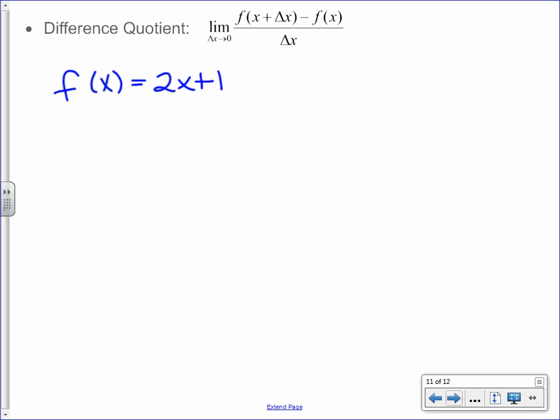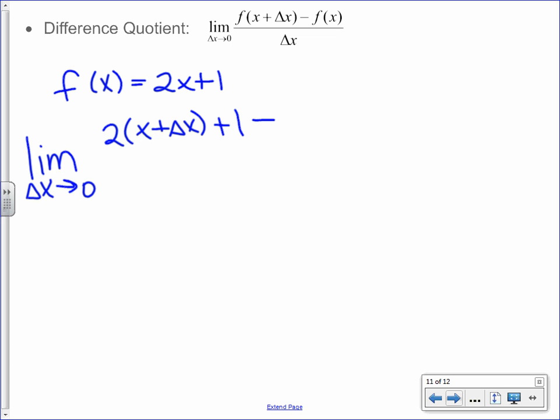So here we go. We are going to do this with delta x's though. The limit as the change in x approaches 0. F of x plus change in x. So we have 2 times x plus change in x plus 1, minus 2x plus 1. Please be careful, you're subtracting the entire function.